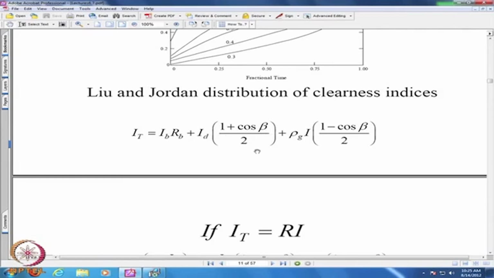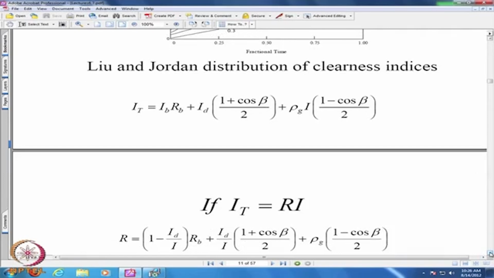That means all the isotropic diffuse radiation will be received by a horizontal plane, and similarly, if beta is equal to pi by 2, a vertical surface, half of it will be received. And of course, again if beta is set equal to 0, this will be 0. In other words, a horizontal plane will not receive any reflected radiation from the ground, which is also horizontal.